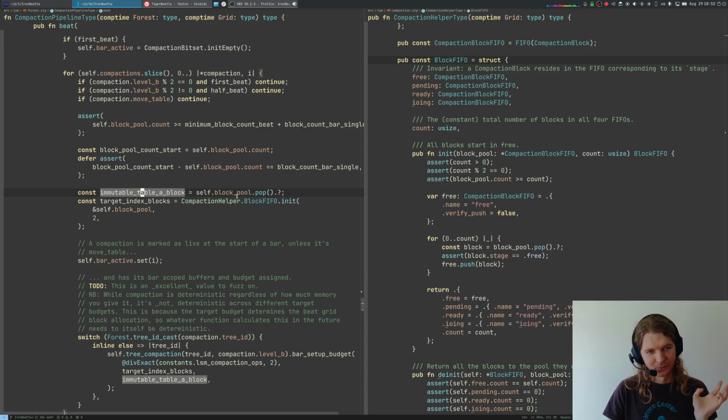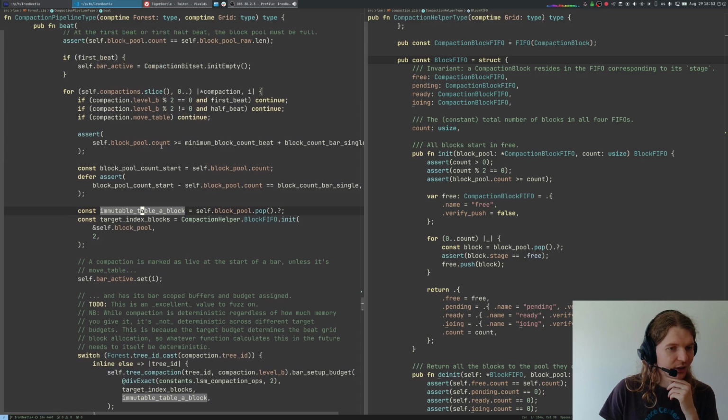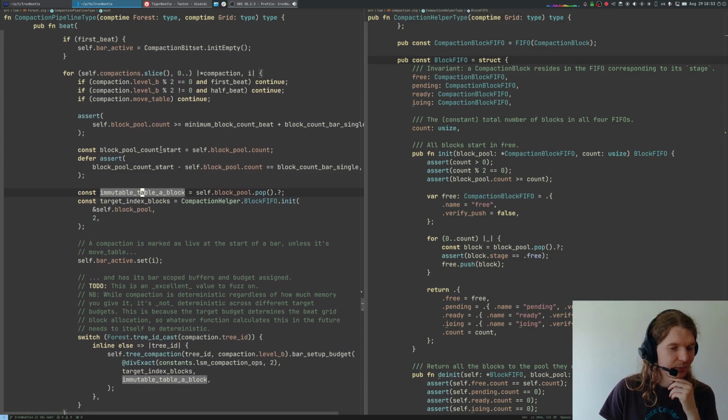Okay, well, we picked a block for immutable table A, whatever that means.